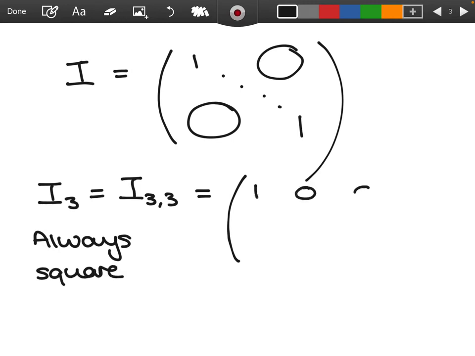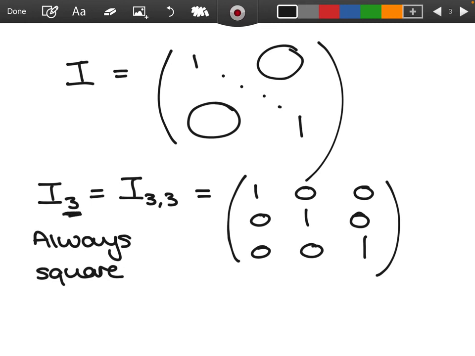Let's make that a note. They are always square. Okay. And it is a 3 by 3, what we call diagonal matrix, with 1s on the diagonal, zeros elsewhere. Very similar to those matrices that we were looking at when we did that Gauss-Jordan elimination back in 2.1 with unique solutions to the system. Our left-hand side looked very much like this. Okay, this is called the identity matrix. Always square.